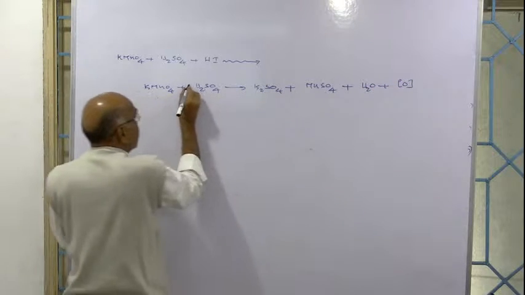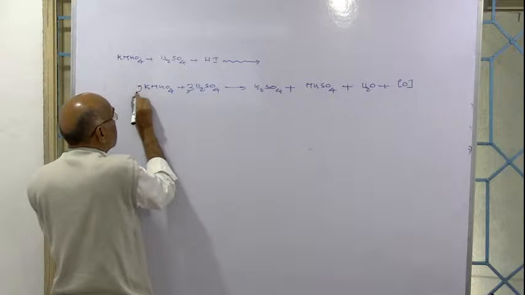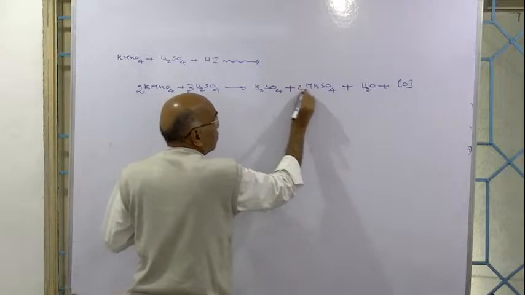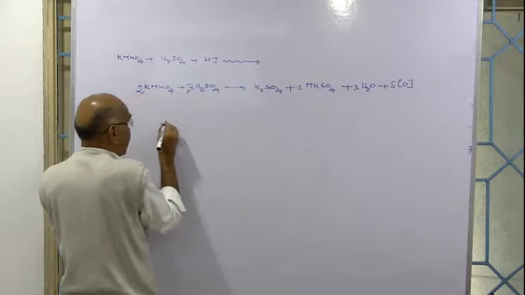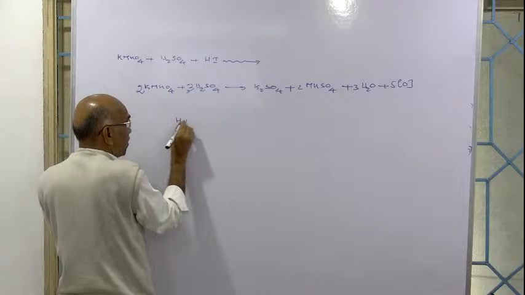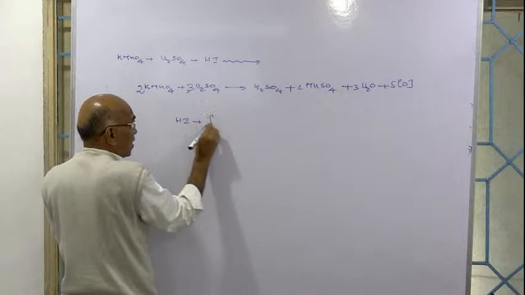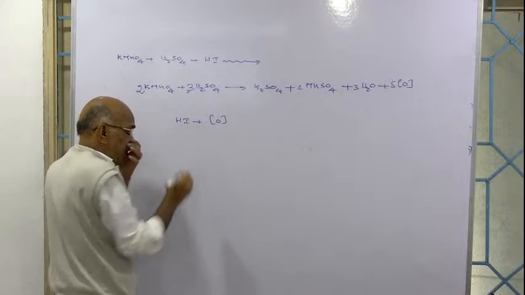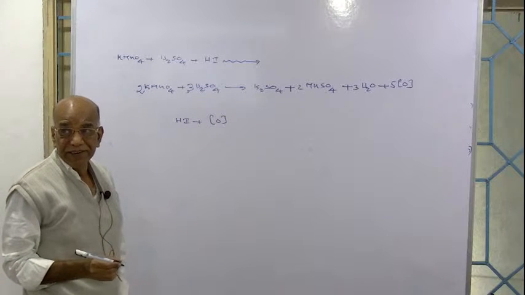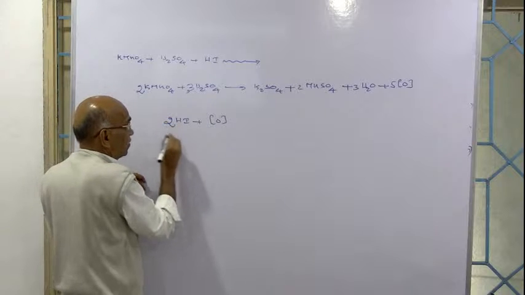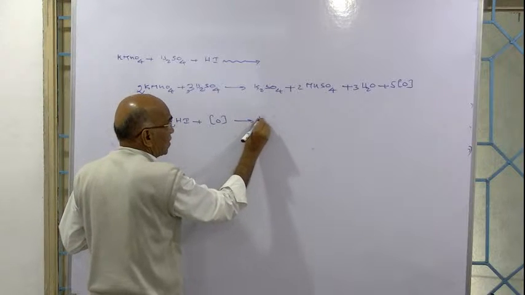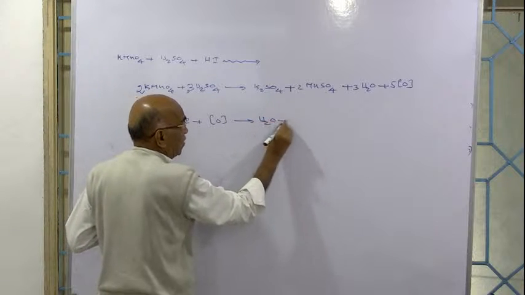For balancing, 3 moles, 2 moles: 2 MnSO4, 3 H2O, 5 nascent oxygen. HI plus oxygen: you need not take any acid here, because it is a non-oxy acid. 2 moles of HI gives water plus iodine.